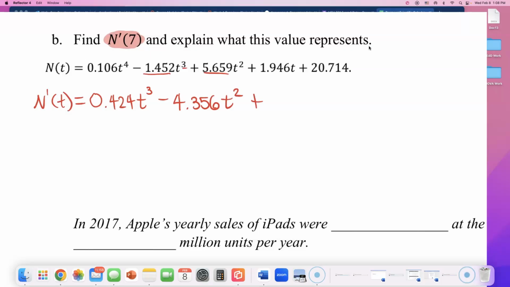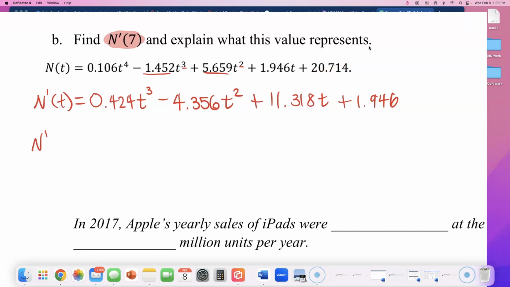Plus, now I'm doing this times that, 5.659 times 2, 11.318 t, and lastly plus 1.946. And the constant gives you 0, so I don't need that.